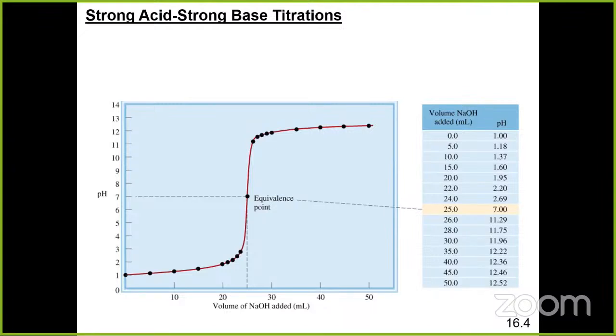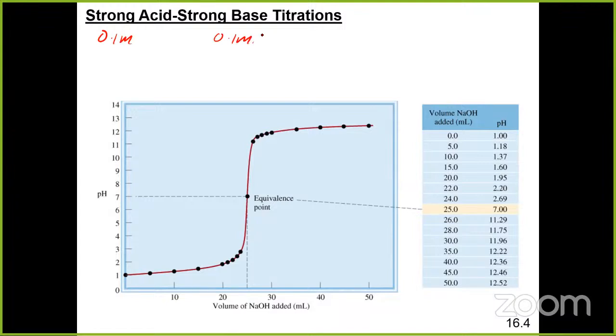So if you find the pH of the 0.1 molar solution of acid, before you add anything, the pH will be 1, right? And then you start adding your base and the pH will increase slightly until you get to the equivalence point. Now, let me just also say that the molarity of the acid will be 0.1 M and the molarity of the base will be 0.1 M as well, right?